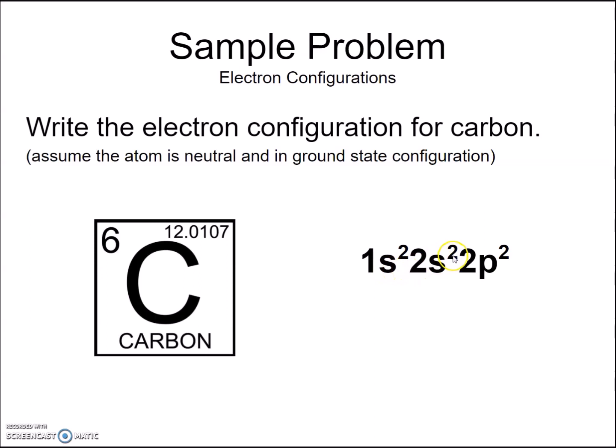The next 2 electrons find a home in the 2s sublevel. And then we've got to break into the 2p sublevel as well. And even though the capacity for that 2p sublevel would be 6 electrons, we don't have another 6 electrons. We only have 2 more electrons. So the configuration for carbon ends with 2p2.